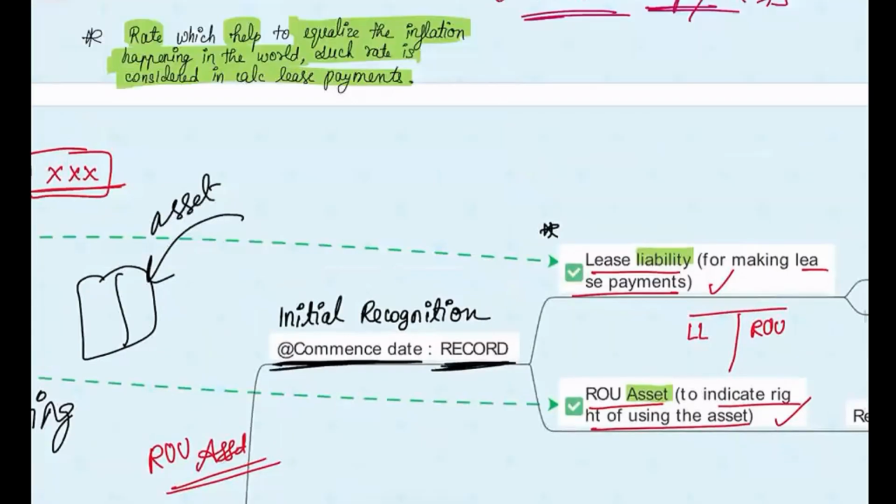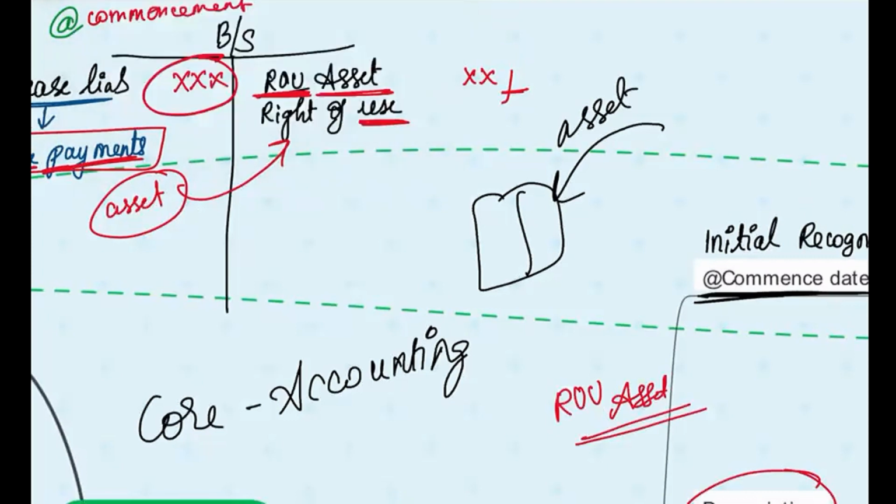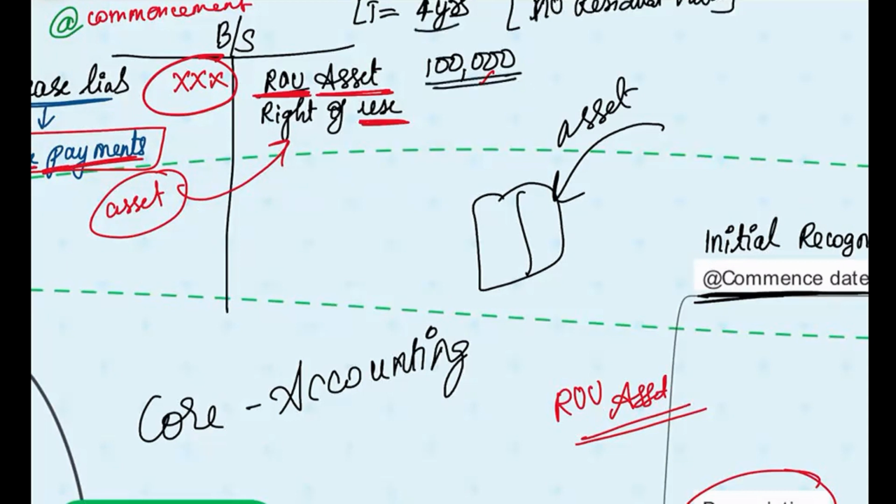Suppose we had recorded an ROU asset of 1 lakh, and the lease term was 4 years, and let's assume there is no residual value. Then in such case, what will be the depreciation? So this 1 lakh rupees you have to depreciate over 4 years of time.